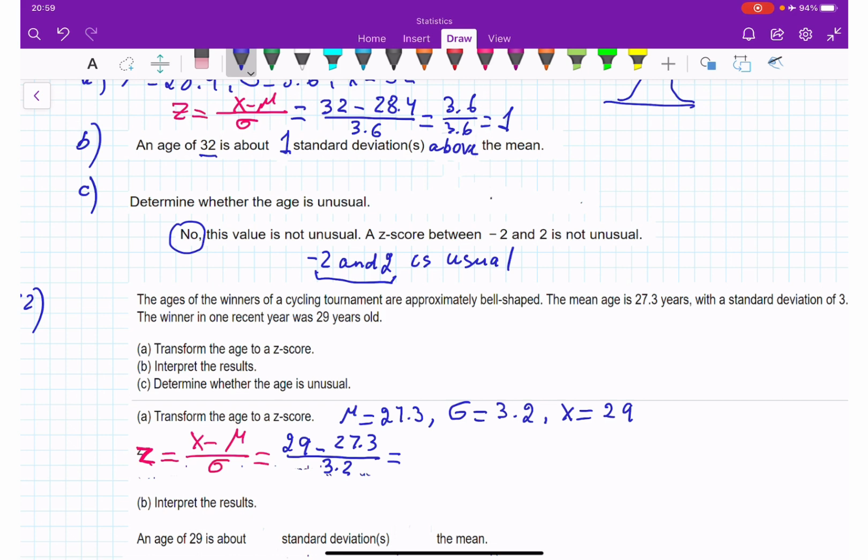So what do we get? 29 minus 27.3 is going to be equal to 1.7. And if I divide by 3.2, it's going to be 0.53. This is our z-score.